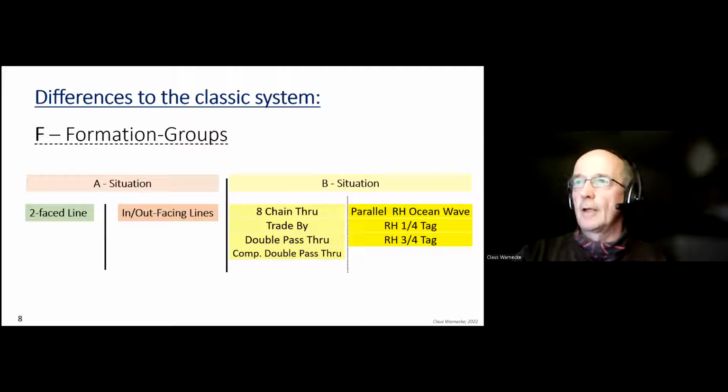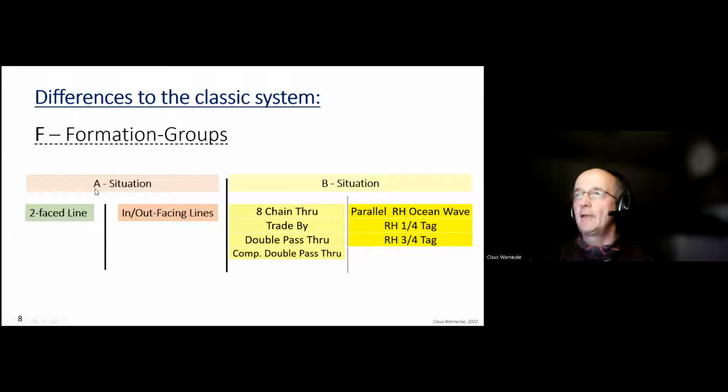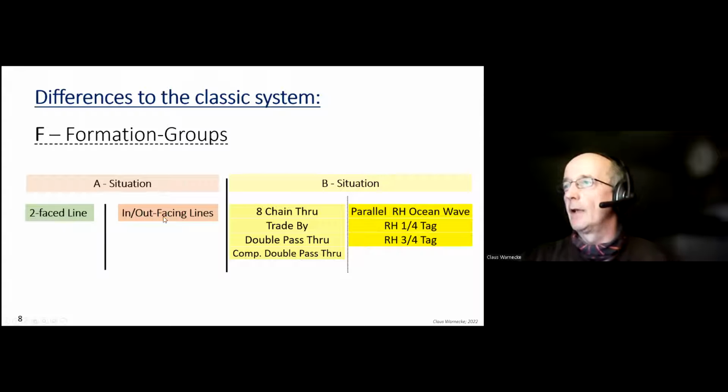Let's look at the points, formation groups. I call it an A situation, that we have two-faced lines or in and out facing lines, and a B situation. You can read it by yourself. The yellow part is a B situation.